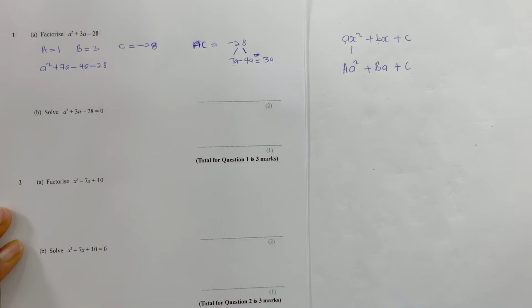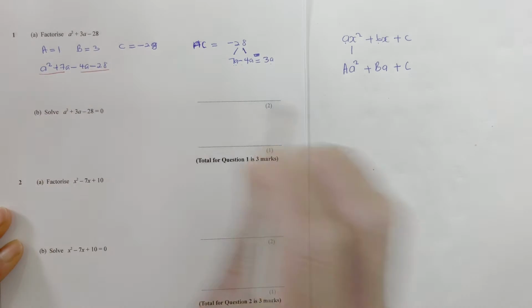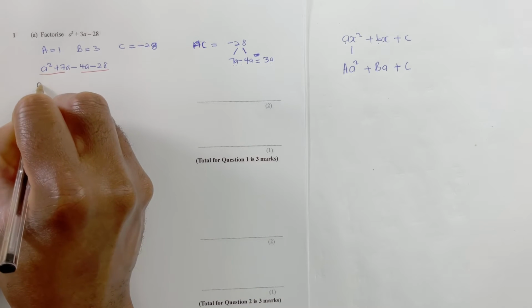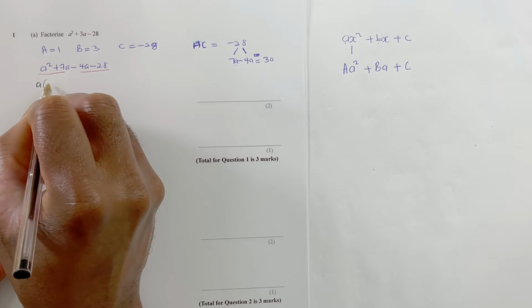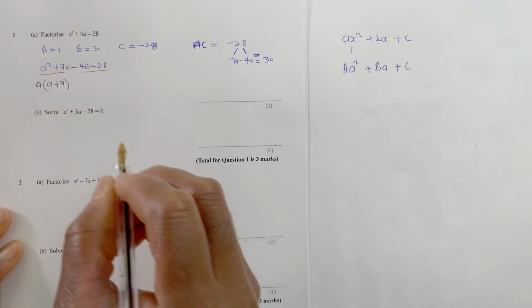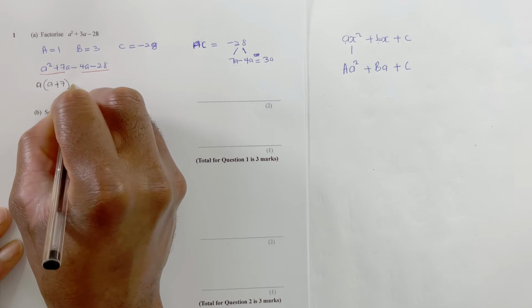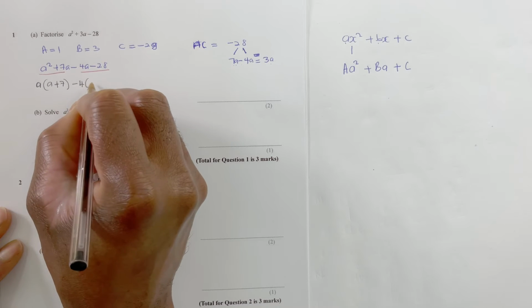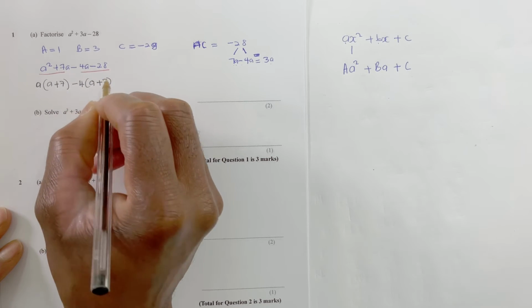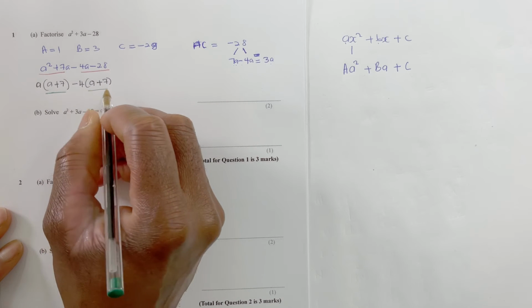Now I can see the first common factor. There's a common factor here, and that's A. It's a factor, open bracket, and I can call that A plus 7, close bracket. Minus 4 is a factor here. So I can say A plus 7. I can see a second factor here, plus 7, plus 7.